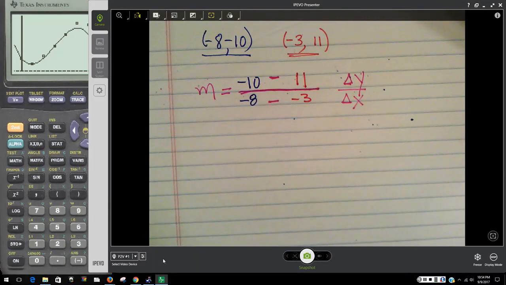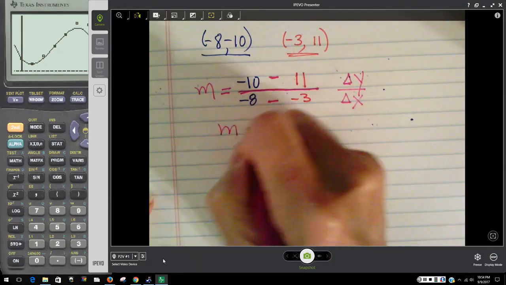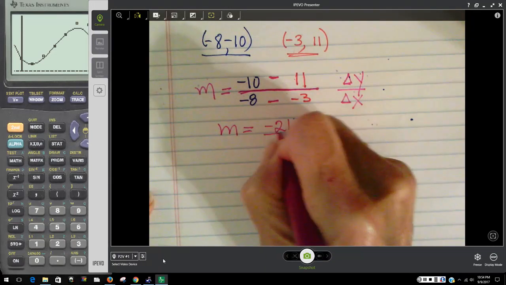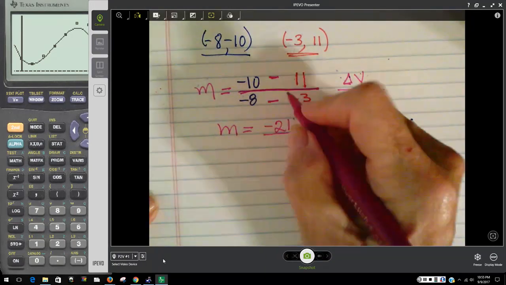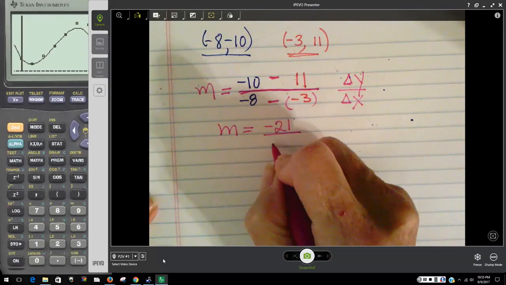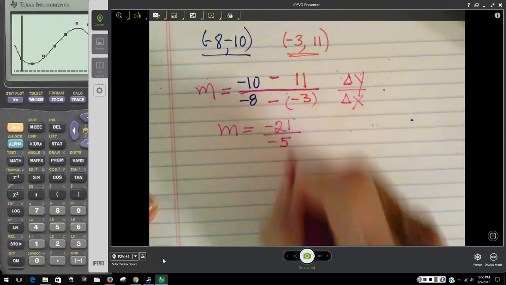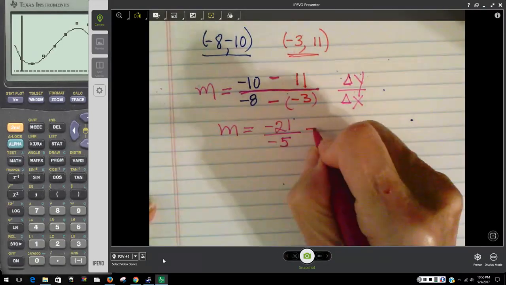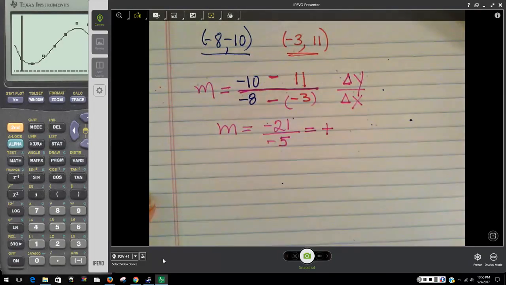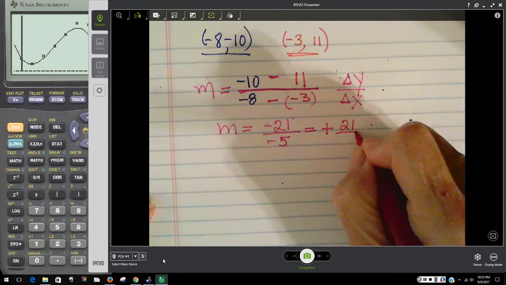So the slope is -10 minus 11, which is -21, over -8 minus -3, which is -8 plus 3, and that makes that -5. Negative cancels negative, so our slope is going to be positive. And it's going to be 21 over 5.